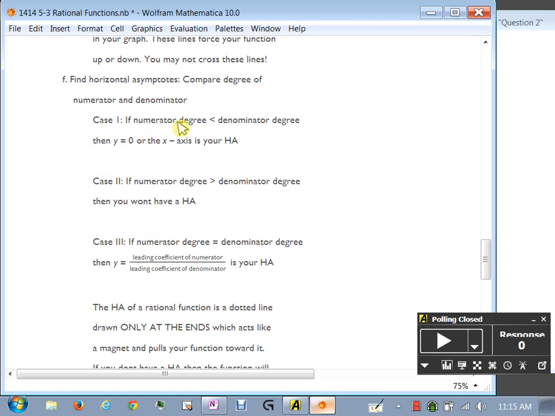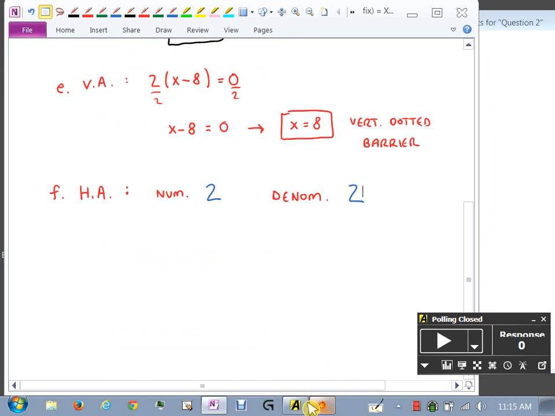If the degree of the top is smaller than the bottom, if the degree of the top is bigger than the bottom, or if they're equal. And I had that typo in there, right? Y'all fixed it? It was backwards. Y'all fixed it on your notes last class. So which of these cases do we have right now? Case 3, right? They're the same. Why is it 2? I think you're looking at the leading coefficient, not the degree.